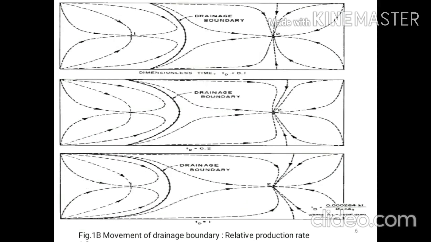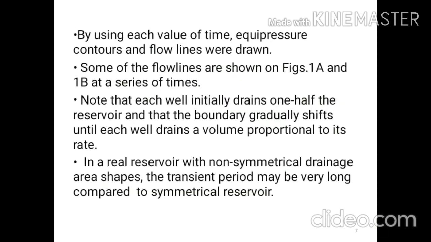This example was obtained by using the Ei function to represent the pressure drop at the wells and imaging to reproduce the boundary of this two-well reservoir. By summing the effect of the Ei function, delta P was calculated. In the presentation, for each value of time, equipressure contours and flow lines are drawn.